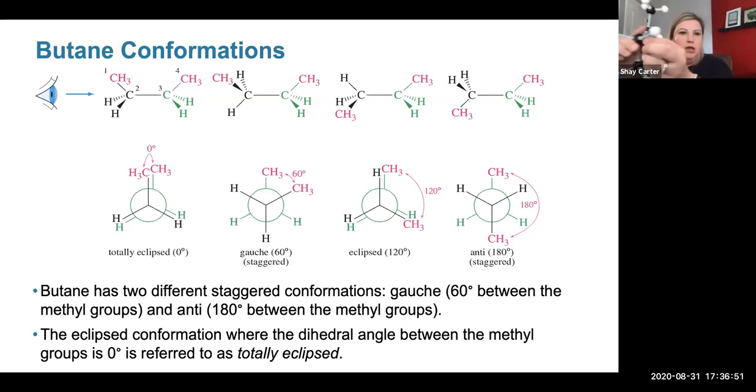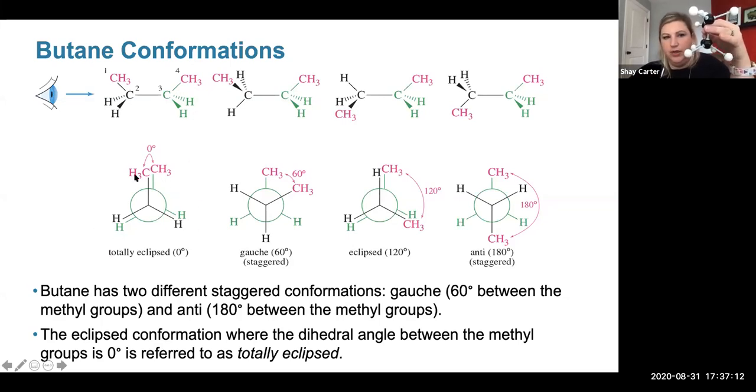So we can have totally eclipsed, which is where both of our methyl groups are at the top. Our eclipsed bonds are between our methyl groups. So we're going to look down our central bond, and both of our methyl groups are at the top.